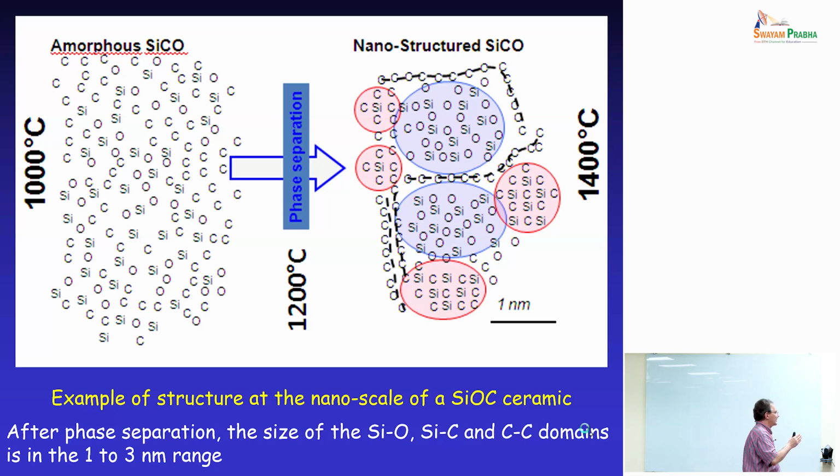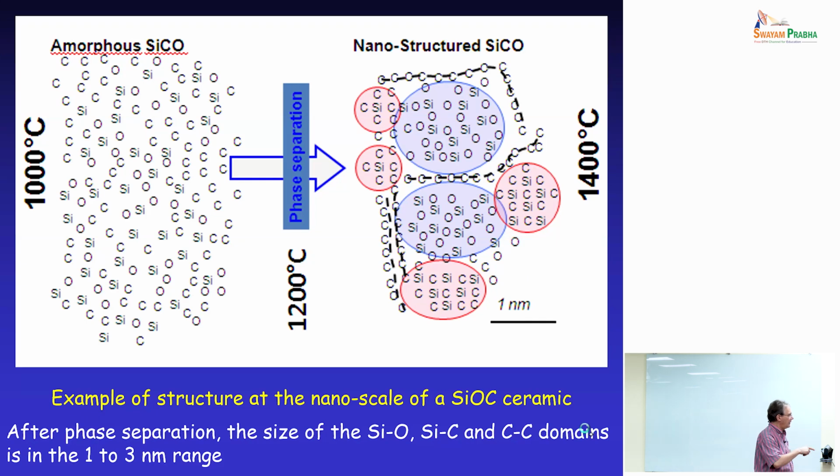microstructure that is based on nanostructure features. You have silicon carbide nanoclusters. You have regions where you have silica-rich material, and you have some continuous turbostratic carbon pathways depending on the content of free carbon.